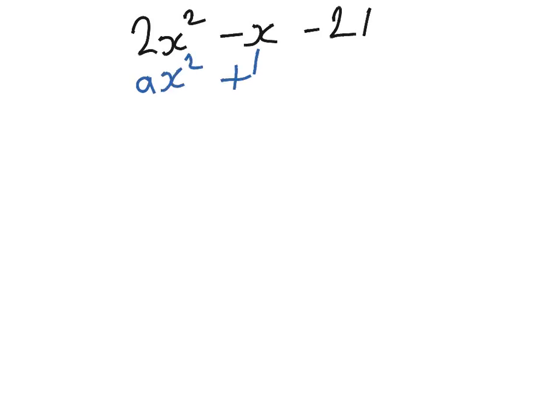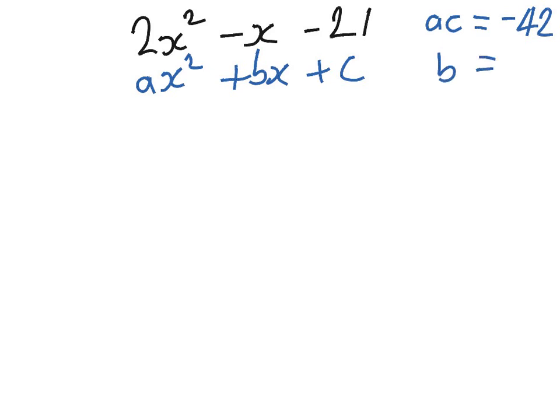So for this one we have 2x squared minus x minus 21. And for this, we've got our ax squared plus bx plus c. So ac, that's 2 multiplied by -21, is -42.